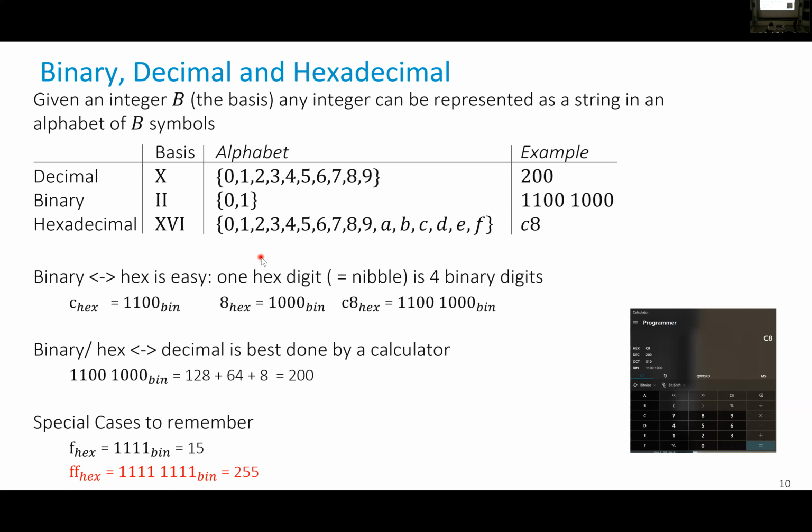Most of you are familiar with that. So you need to be able to convert, and to convert easily, a fixed point to remember is that a string of 4 bits all equal to 1 corresponds to the digit F in hexadecimal.